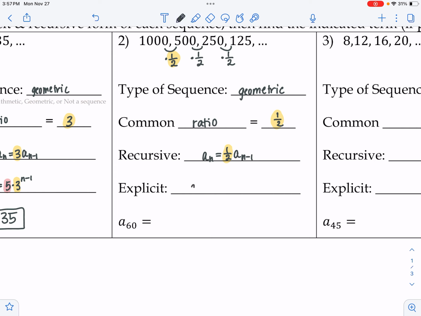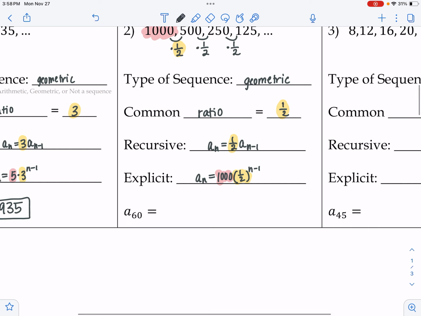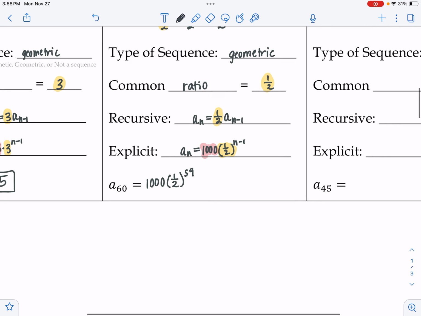The explicit formula says you can get to any term by taking the first term, which we have, 1,000. We're going to take that 1,000 and multiply it by 1/2 n minus 1 times. 1,000 is the first term. 1/2 is the common ratio. And so to get to a 60, we would take that 1,000, multiply it by 1/2, 59 times.